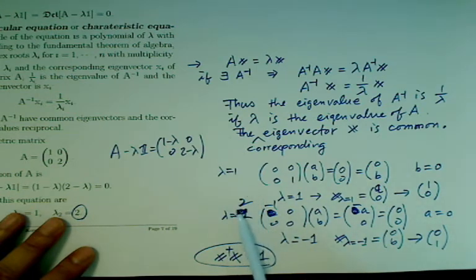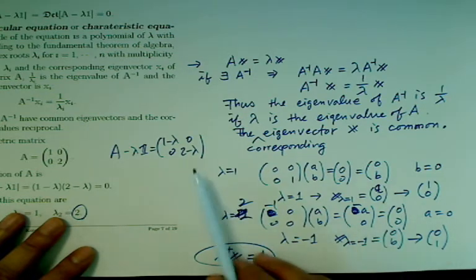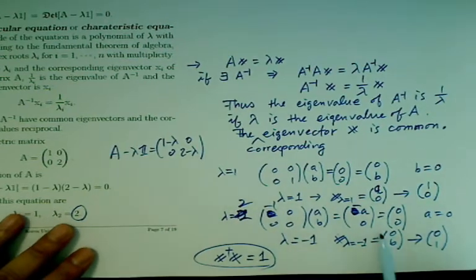In the case of lambda equals 2, what we find is minus 1, 0, and the multiplication result gives (minus a, 0). Here it should be 0 because of the eigenvalue equation, therefore a equals 0. That means the form (0, b) is the eigenvector.